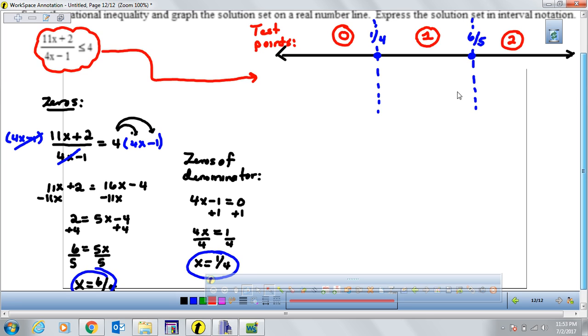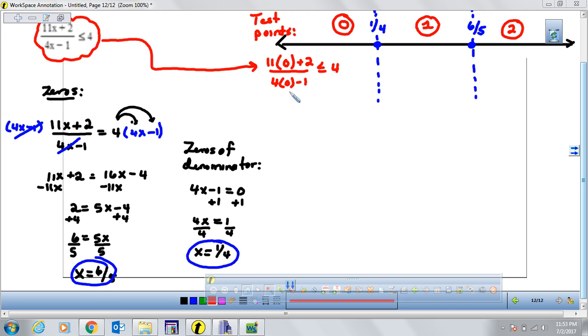So we're going to substitute them and see which ones are true. 11 times x, which is 0, plus 2, over 4 times x, which is 0, minus 1, must be less than or equal to 4. So 11 times 0 is 0, plus 2, it's a 2, over 4 times 0, which is 0, minus 1, is -1.